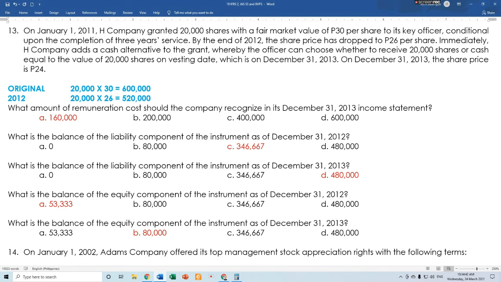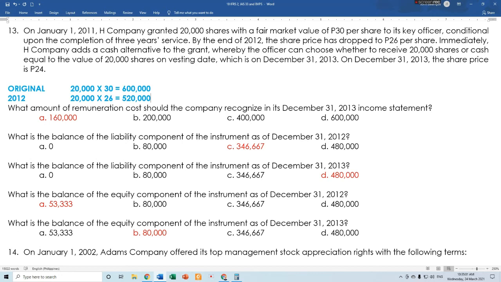At that point, binigyan na ngayon yung recipient ng alternative kung gusto ba niyang tanggapin or tatanggap na lang siya ng cash after the vesting period or itutuloy niya pa rin yung pag-receive ng shares.